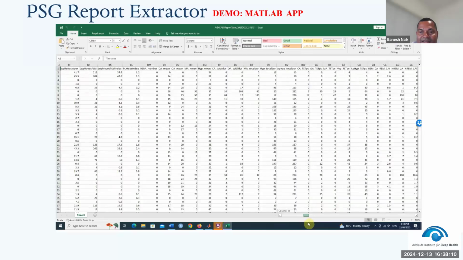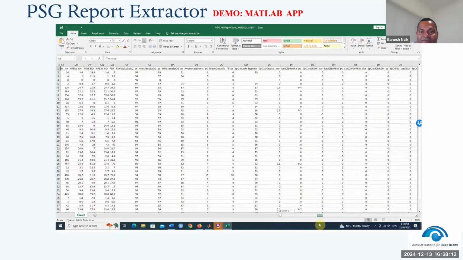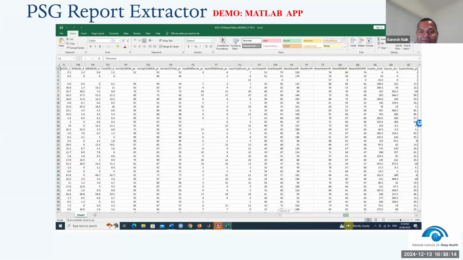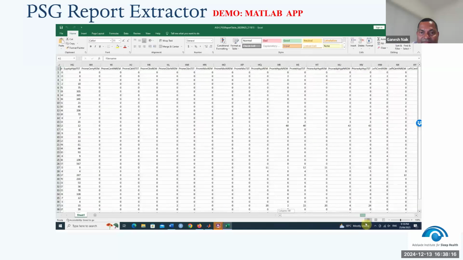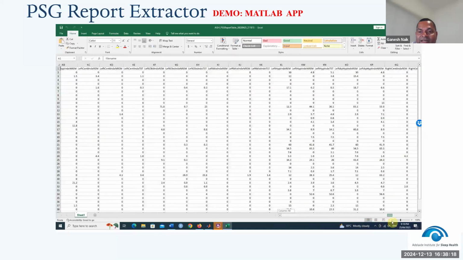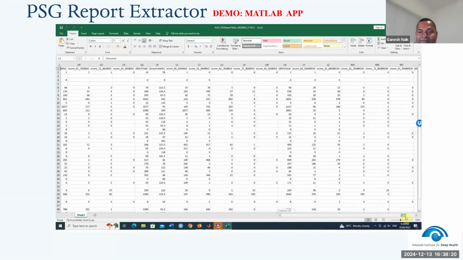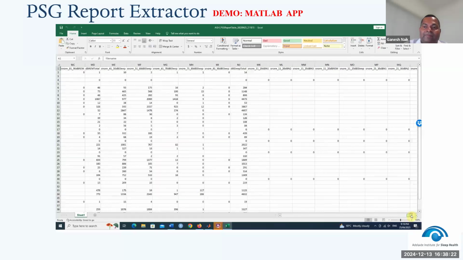For them it is now a very easy process to look at everything in one place in a simple Excel file. So that was one very important AI method which I used for the sleep extraction process.